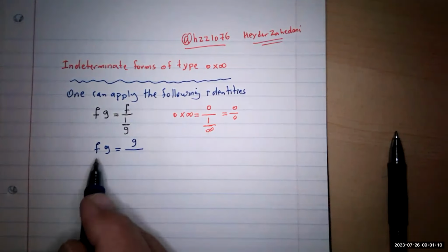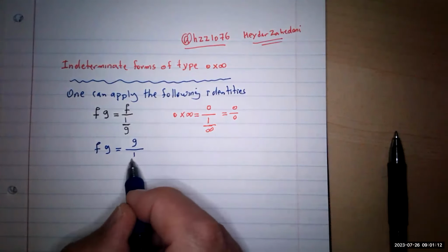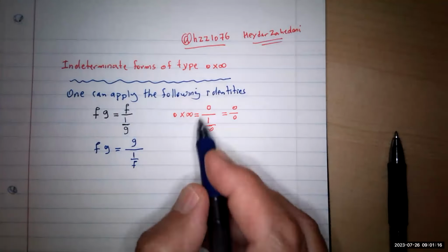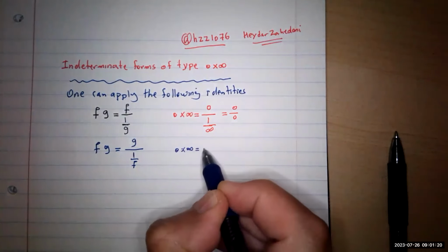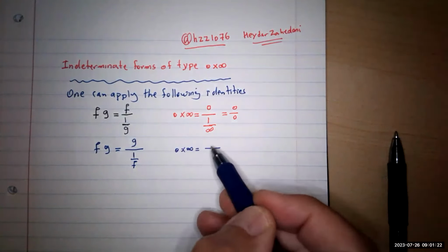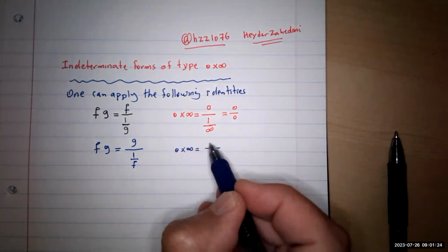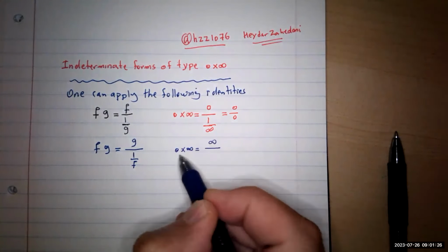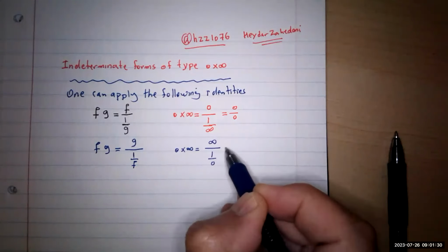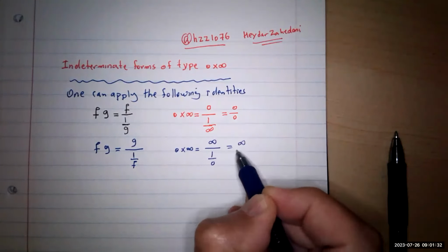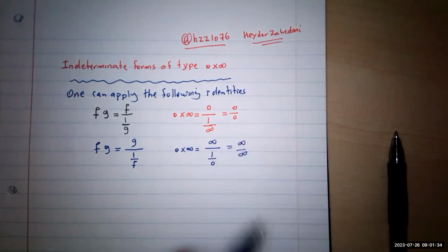Then you take the reciprocal of f, which would be 1 over f. So you keep the infinity, and you use the reciprocal of the 0, which is 1 over 0. But 1 over 0 would be infinity. So you change it to infinity over infinity and you can handle it.